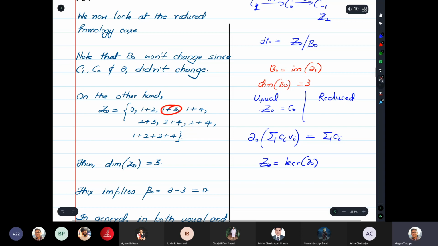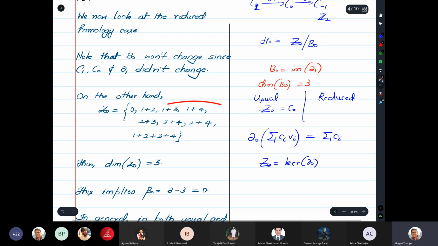So this is a zero chain with support of 2, and this is a zero chain of support 4. In this way you list down all possible zero chains with either 2 support or 4 support. So this is what it turns out to be.